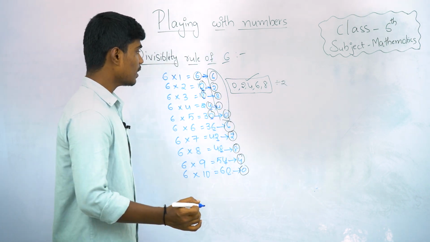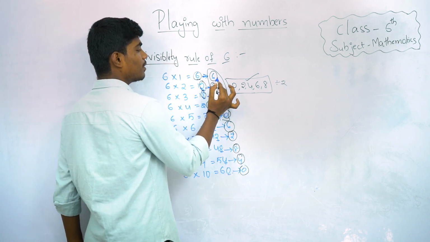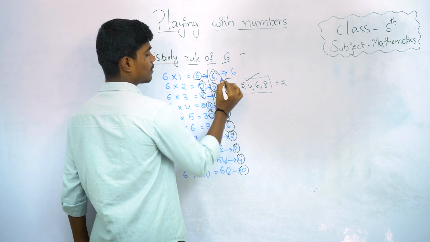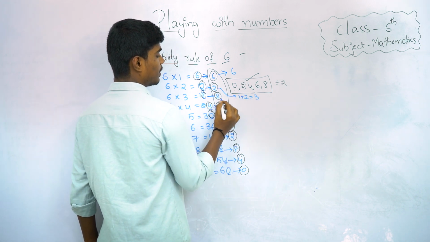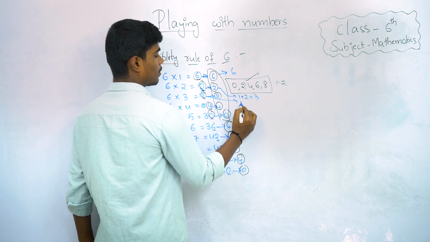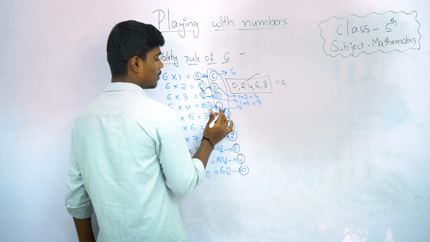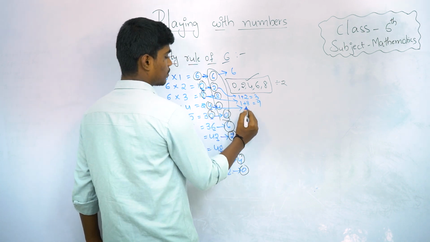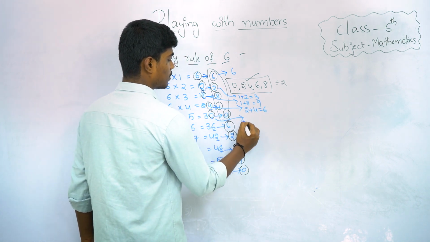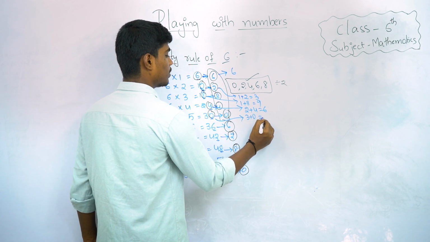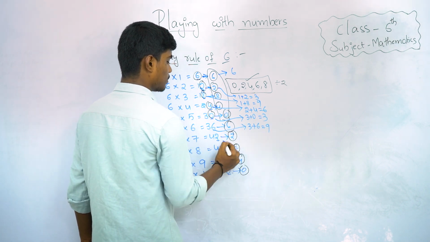Okay? Now, let's do the sum of the digits in each number. Here, 6. Here, 1 plus 2 is 3. Here, 1 plus 8 is 9. Here, 2 plus 4 is 6. Next, 3 plus 0 is 3. 3 plus 6 is 9.